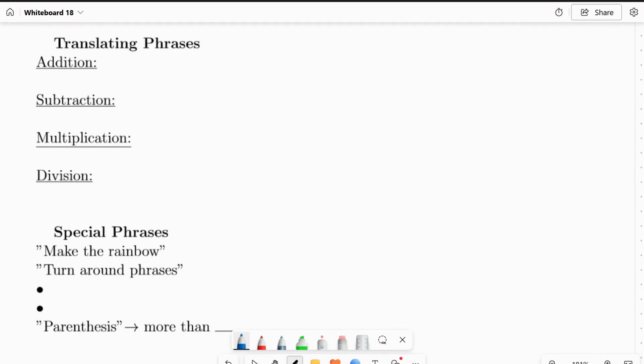When translating phrases that will include addition, we are looking for the terms plus, combine, more than, sum, together, or even total.